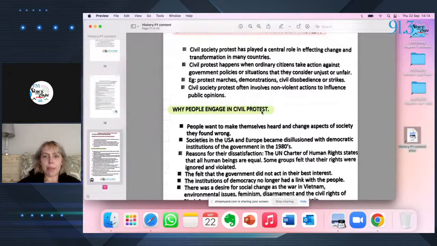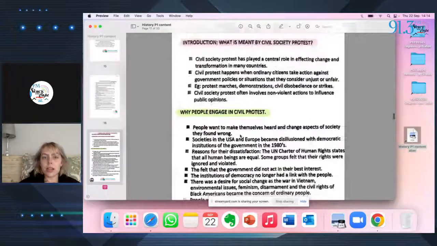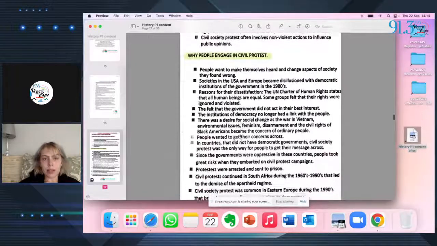Civil protest happens when ordinary citizens take action against government policies or situations that they consider unjust or unfair. For example, protest marches, demonstrations, civil disobedience, or strikes. Civil society protest often involves non-violent protest actions to influence public opinion.